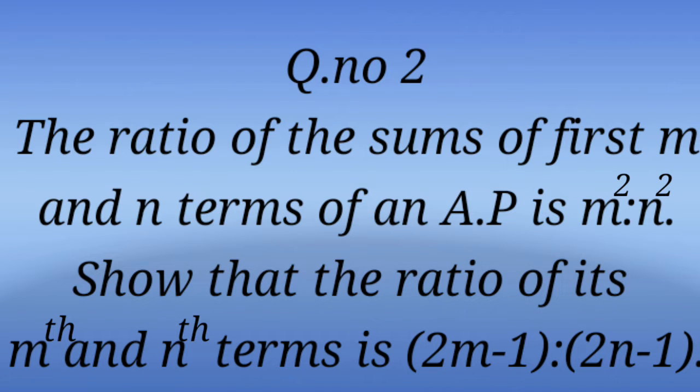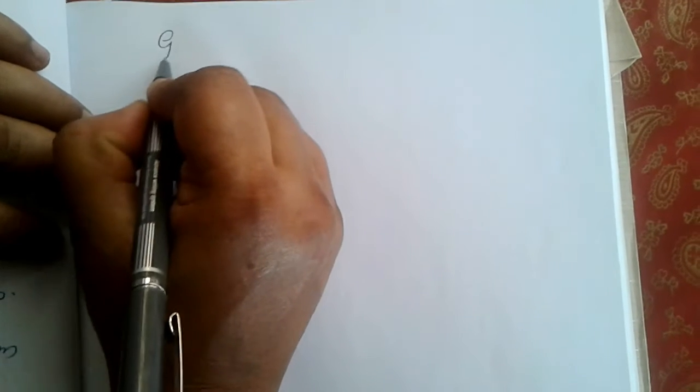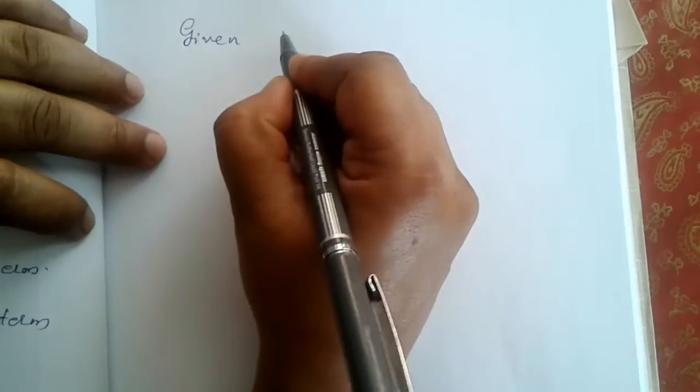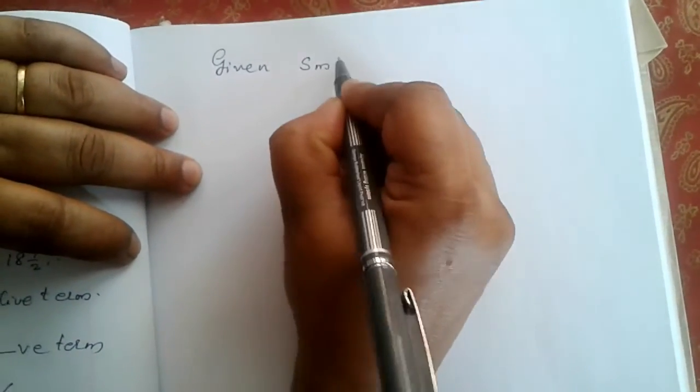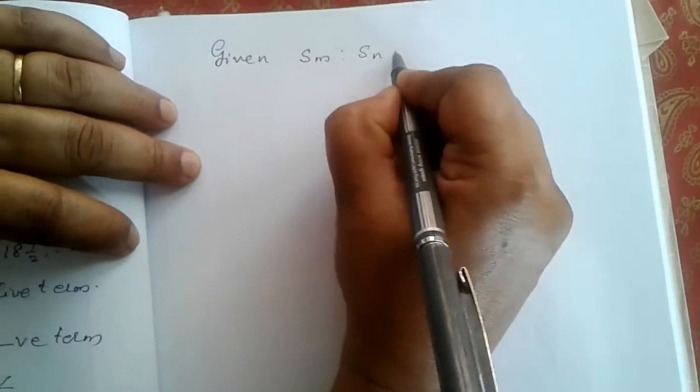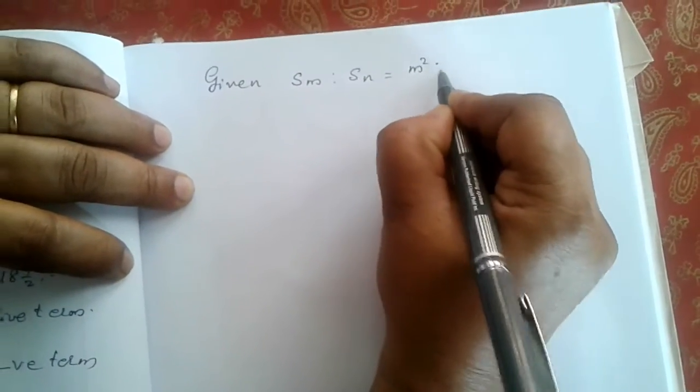Second question. The ratio of the sums of first m and first n terms of an AP is m square is to n square. Show that the ratio of its mth and nth terms is 2m minus 1 is to 2n minus 1. Given Sm is to Sn equal to m square is to n square.